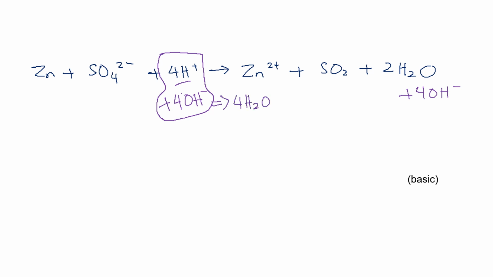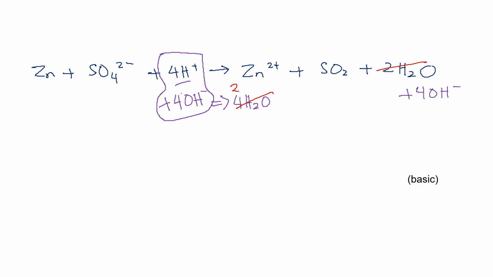Before we can write the final answer, you have to check whether the right side of the equation has H2O or not. If we check, we can see that there is 2 H2O here. Therefore, 4 H2O minus 2 H2O leaves only 2 H2O.